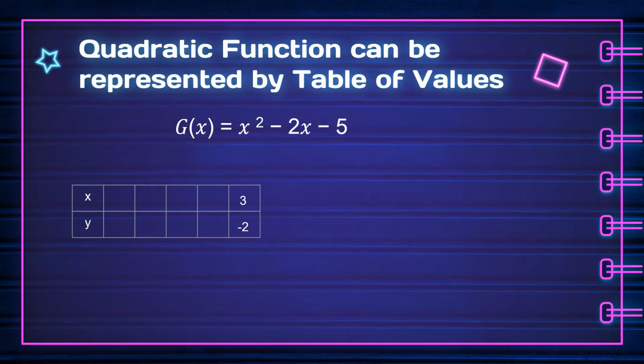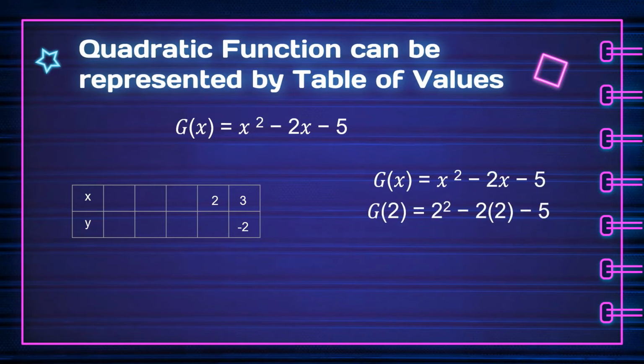If the value of x is 2, what will be the value of y or g of x? So let us solve. Substituting 2 to the variable x, so we will have 2 squared minus 2 times 2 minus 5. So when we simplify, that is equivalent to negative 5. So therefore, g of 2 is equal to negative 5.